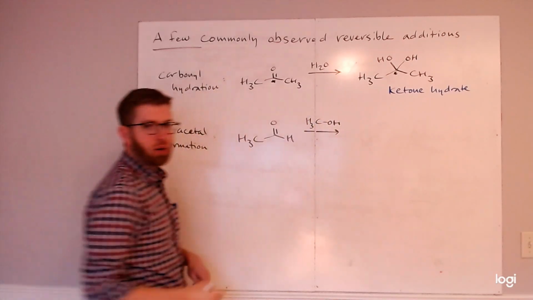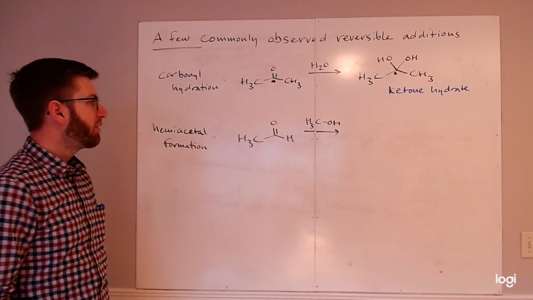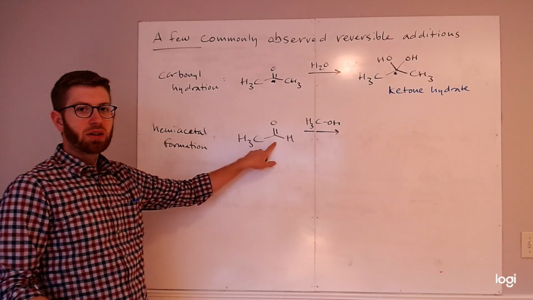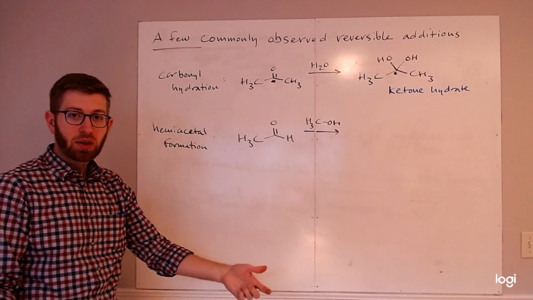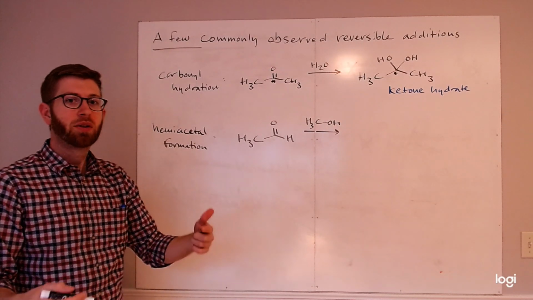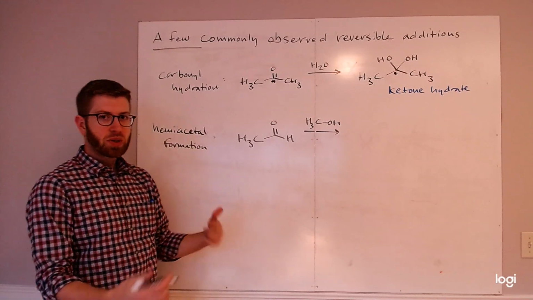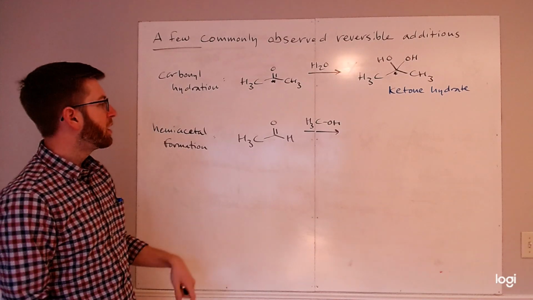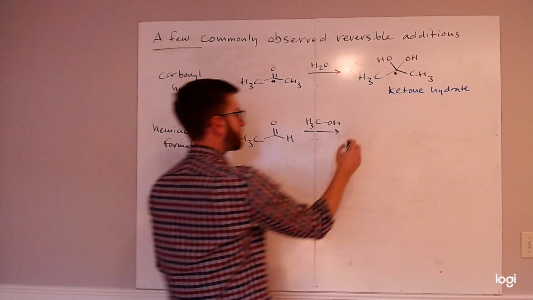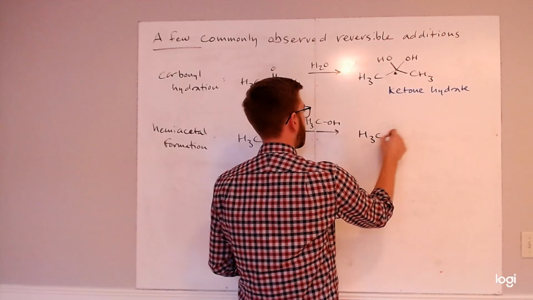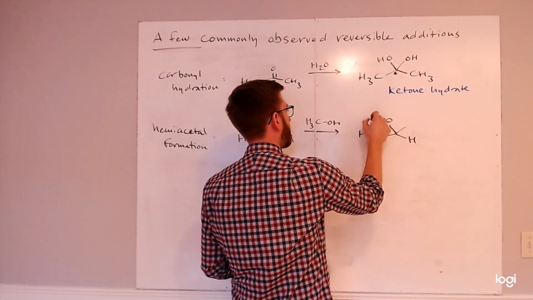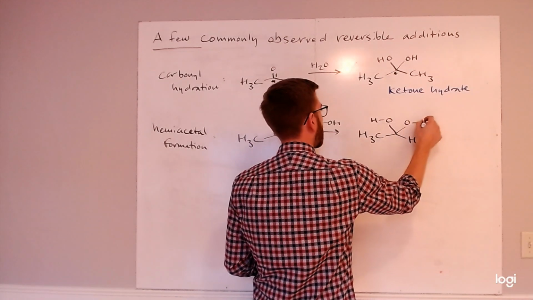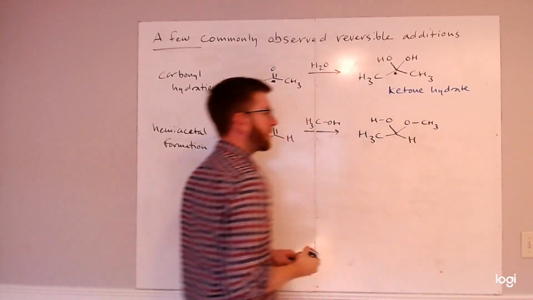So we know the alcohol oxygen is nucleophilic. That's going to add to the carbonyl. That'll break the C=O pi bond, make an O-. And again, if you're writing out these mechanisms on scratch paper, strongly encouraged, then you will see that you can transfer a proton so that you have no charges. So in this case, we have this kind of structure.